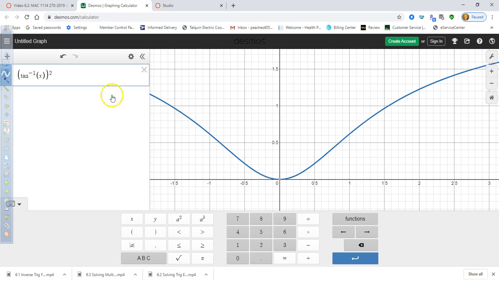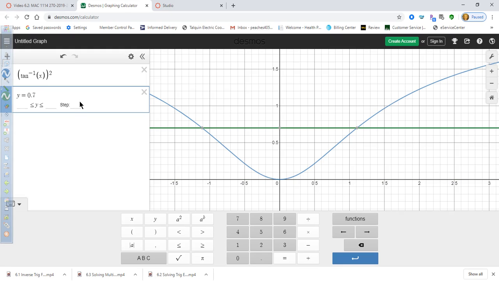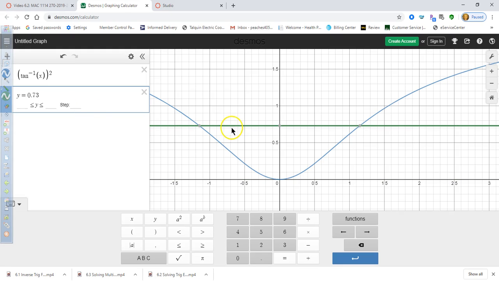It looks like a weird U shape, kind of like cosine. And then I need that one to be equal to 0.73. Now notice there are 2 places where arctangent squared would be equal to 0.73, and that is at negative 1.148 and positive 1.148. So 2 spots.